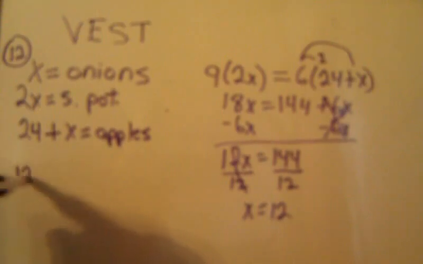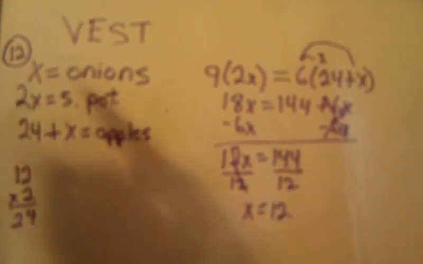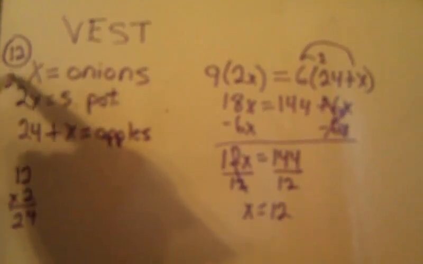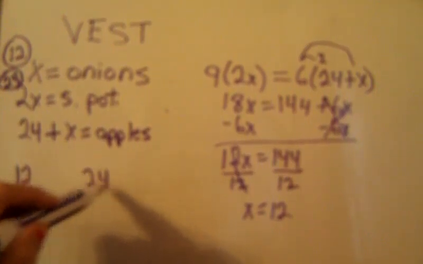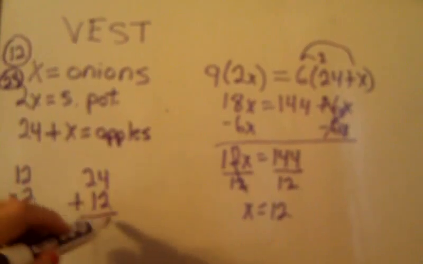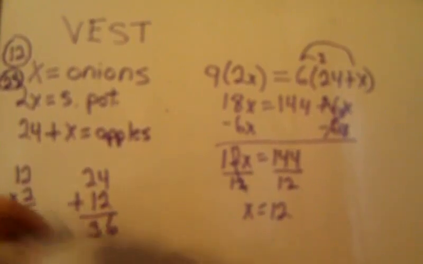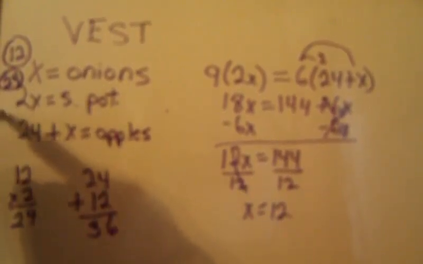So 12 times 2. 2 times 2 is 4. 2 times 1 is 2. So sweet potatoes are 24 cents. Apples are 24 plus x. x was 12. 4 plus 2 is 6. 2 plus 1 is 3. So apples are 36 cents.